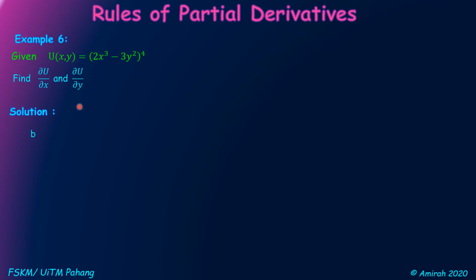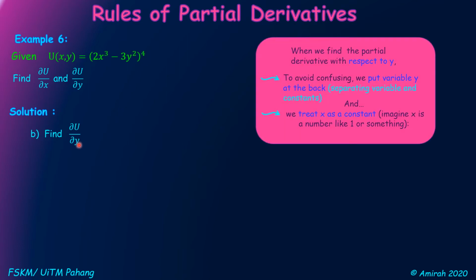Alright, now we look at how to find del u over del y. Del u over del y means the partial derivative with respect to y. So to avoid confusion, we can put variable y at the back. And we can write variable y in a different color to avoid error. Okay?